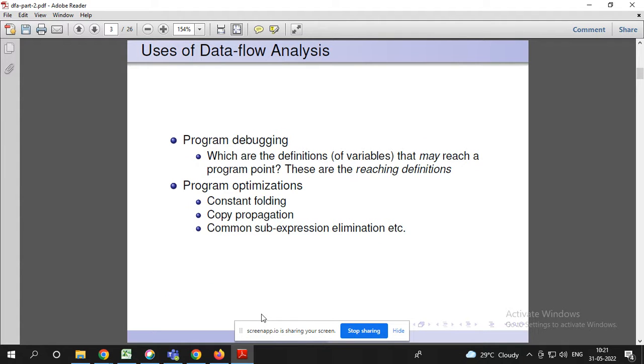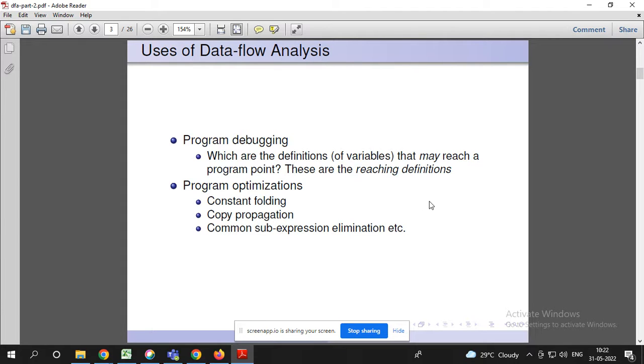What is the purpose of data flow analysis? For program debugging, data flow analysis is very important. In program debugging, we can find out which definitions or variables may reach a program point. These are the reaching definitions. What are reaching definitions? Suppose you have program point 1 and program point 2.